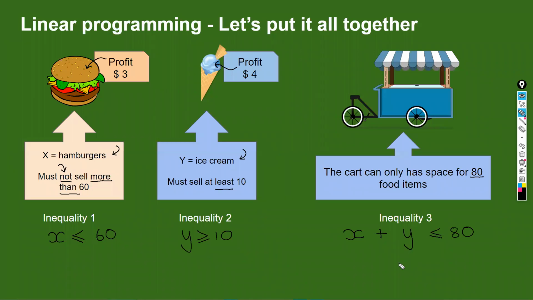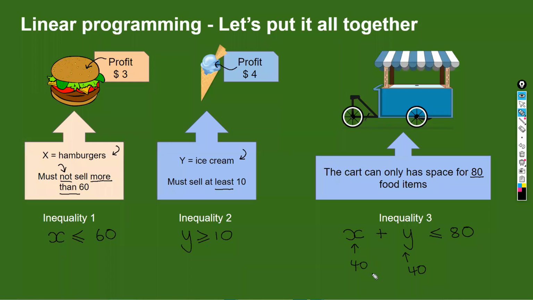Now, here's the thing. A lot of people will say, if I only have space for 80 items, then why don't I just always try to sell 40 hamburgers and 40 ice cream? Doesn't that sound logical? But the truth is, you could do that, but that might not bring you maximum profit, right?